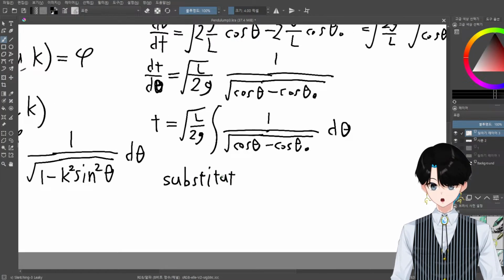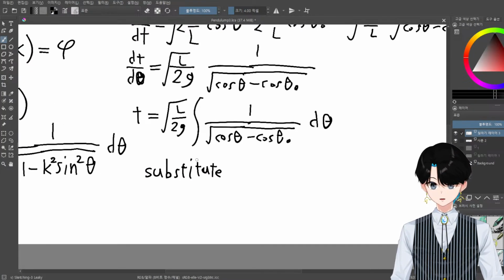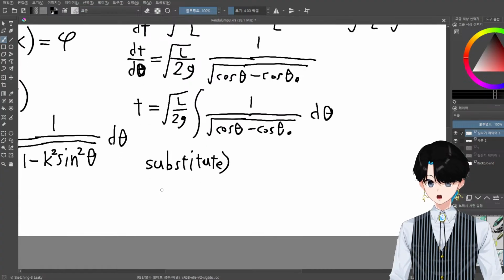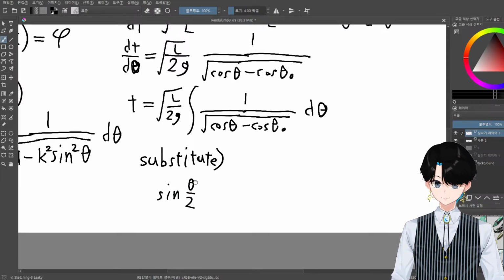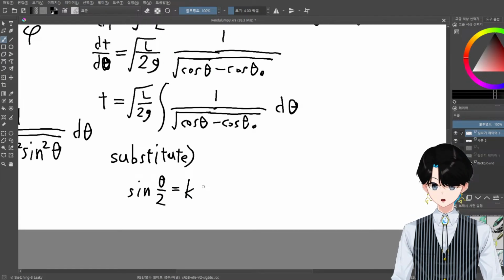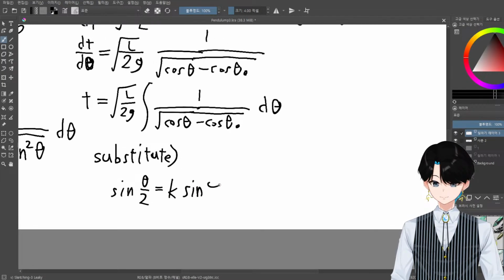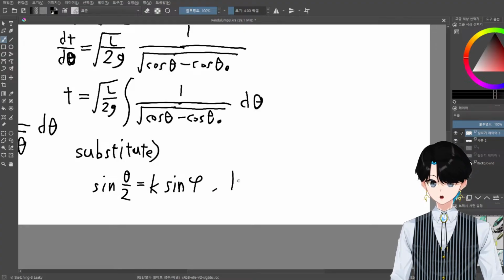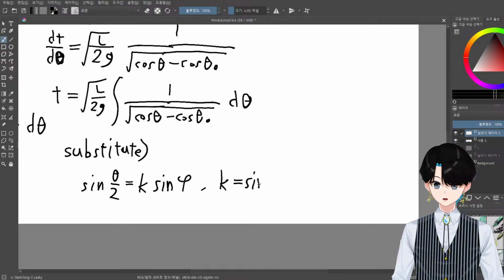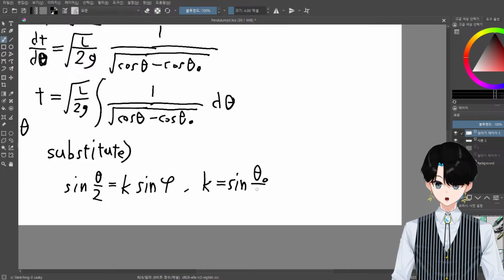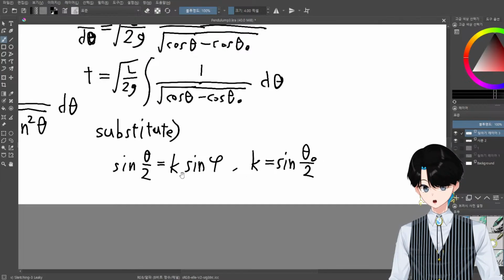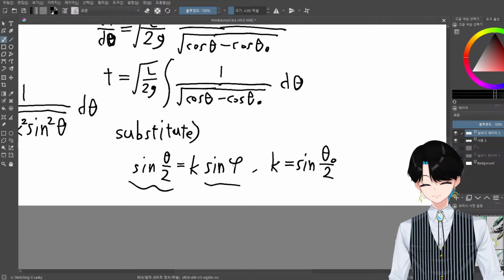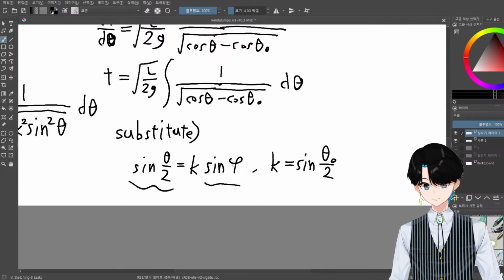I wasn't able to understand this in the first place, and you can see why if I write this down. Okay, sine, and k is equal to sine of theta 0 over 2, where theta 0 is the initial angle. If you look at this, there are two sine functions.